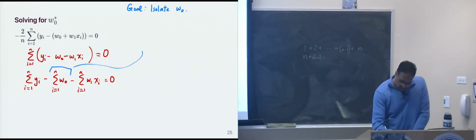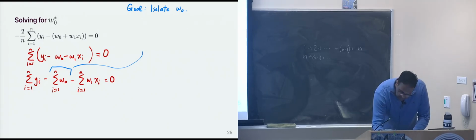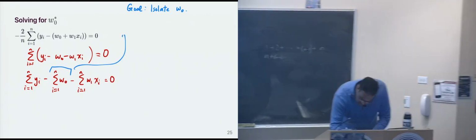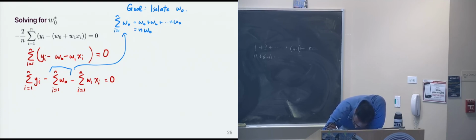For example, this is a sum of just constants, right? There are no i's involved here. And as we've seen before, this sum really just means this is equal to n times W0. Okay, so I can simplify that here. And then down here, W1, it's a constant.